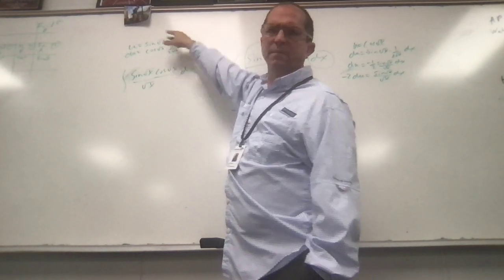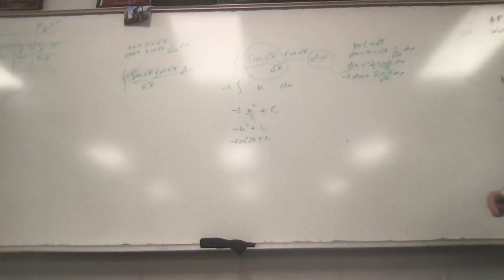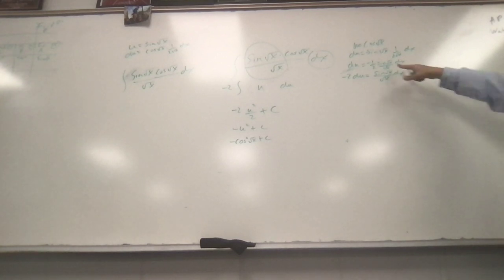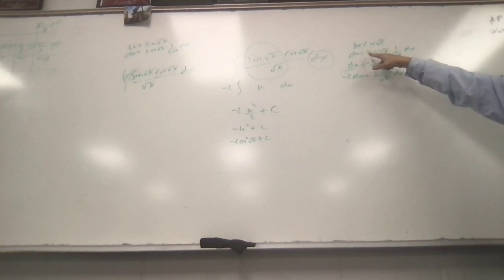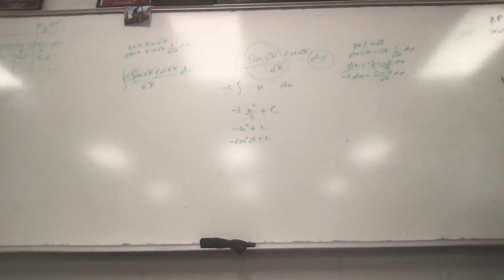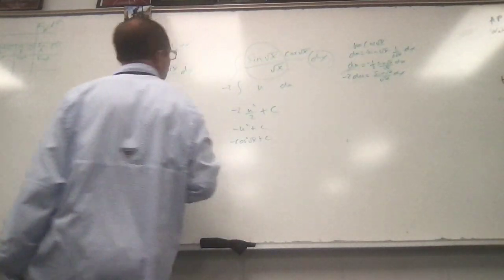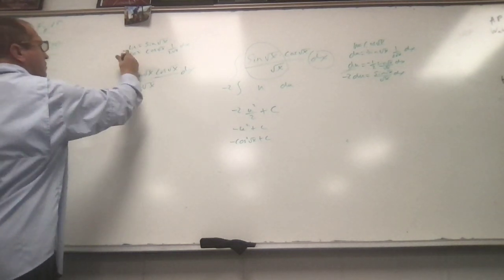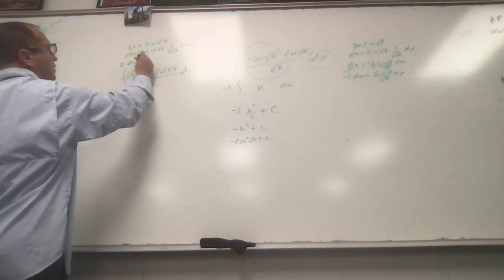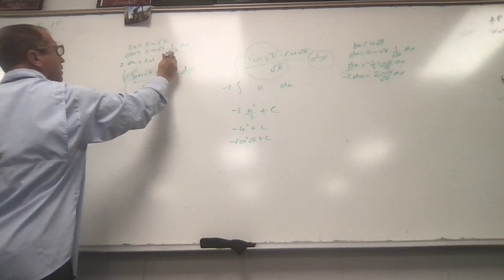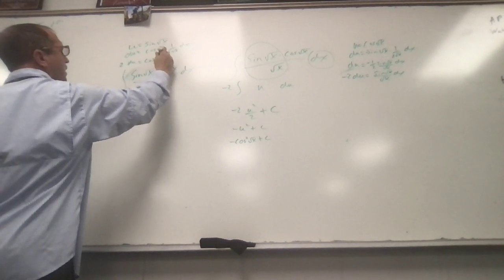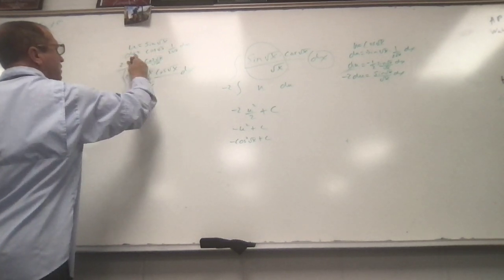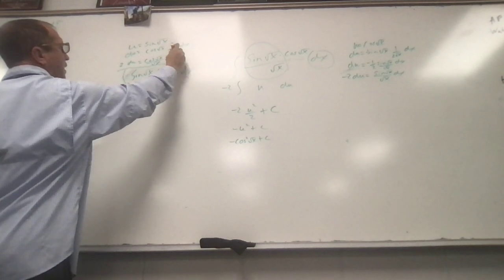Are you good with that? Okay. Any questions here? All right, just like what I had over here, the only difference is I've got positive cosine instead of negative sine. I'm going to pull this 2 to the front, so 2 du is equal to the cosine of the square root of x over the square root of x dx.